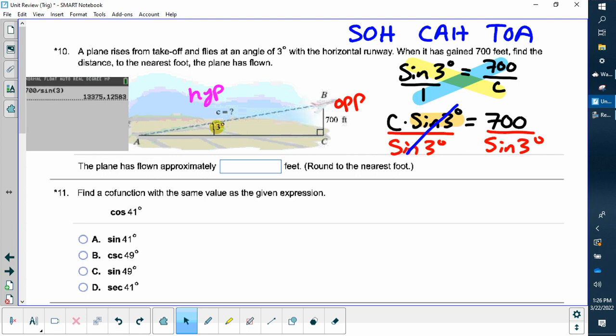That'll work. Okay, round to the nearest foot. Again, whole number, so be cautious that you're answering the way they want. Now, this is a big number, but I'm dealing in feet, and we're talking about a plane taking off. So this would be 1, 3, 3, 7, and the 5 stays alone.